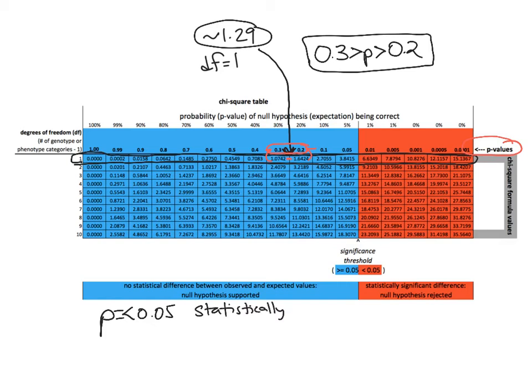And in our case, the p-value is greater than 0.05. So statistically significantly different if the p-value is less than or equal to 0.05. Our p-value is greater than that. It's between 0.2 and 0.3. So the final interpretation is the observed and expected values are not statistically different.